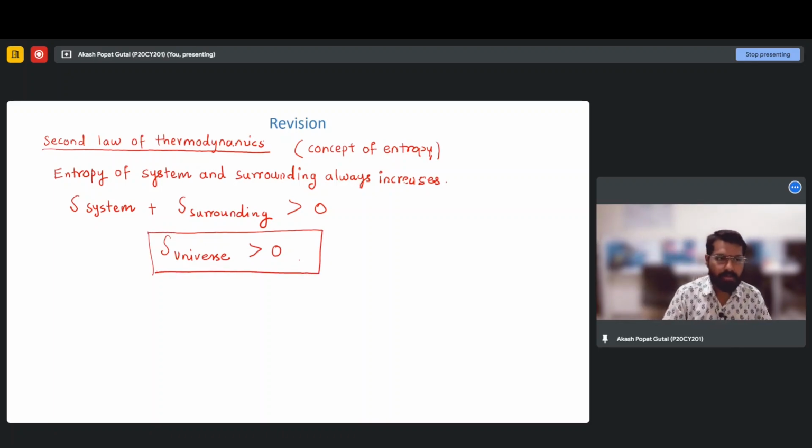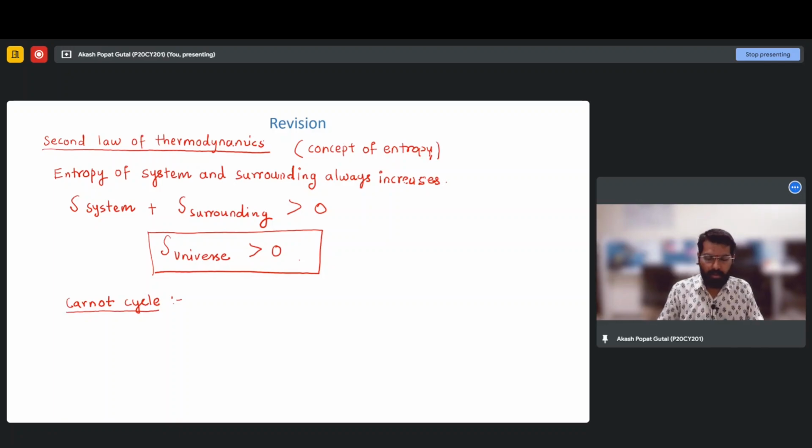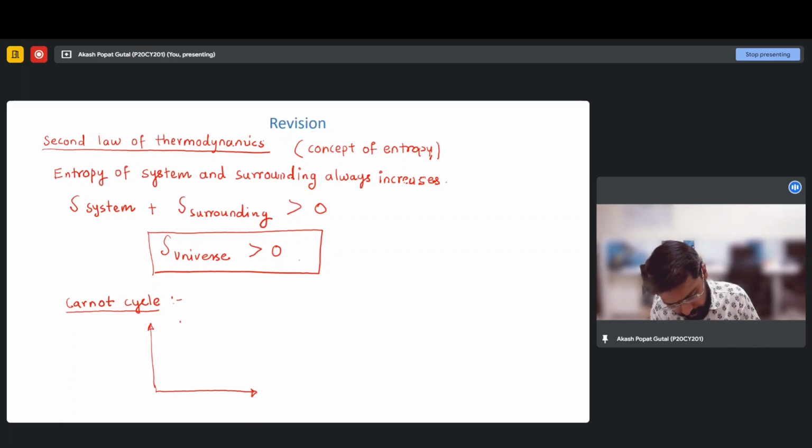So to define the meaning of entropy, we went to the Carnot cycle. So first I will define what is the Carnot cycle. Carnot gave the most efficient cycle to construct an engine. This Carnot cycle actually has four different processes in it. The first process is isothermal expansion.